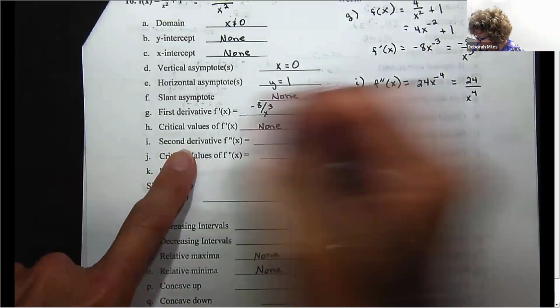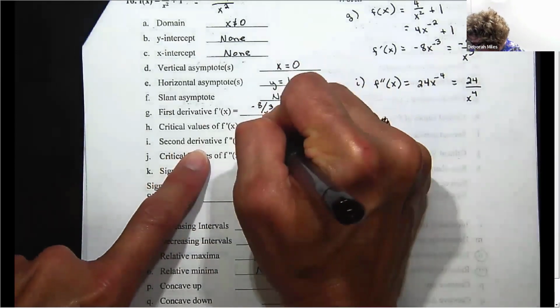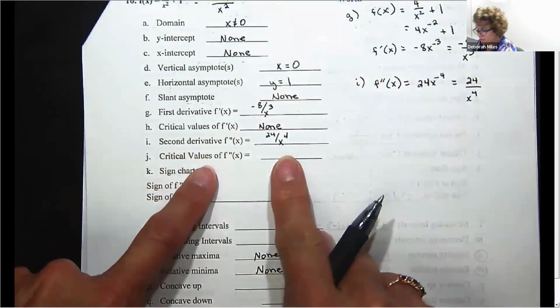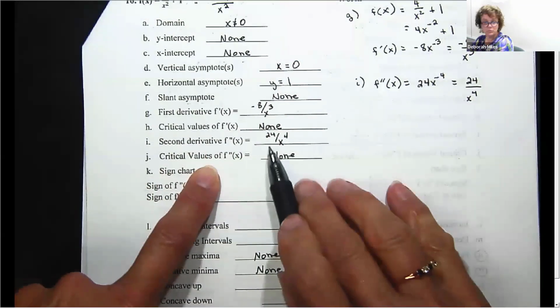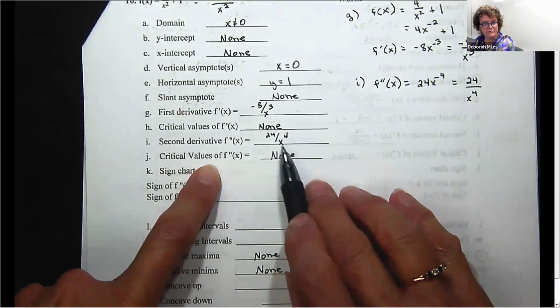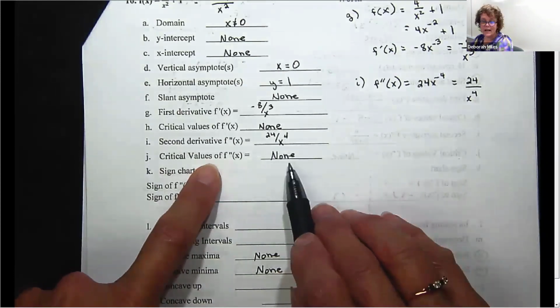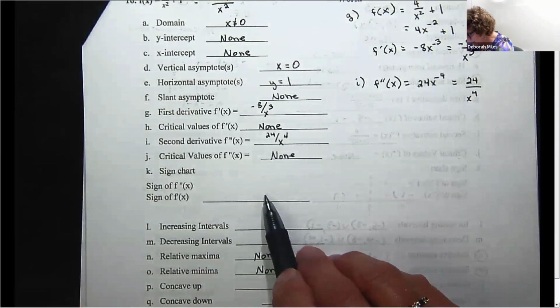And we put that for the I part, 24 over x to the 4th. It has no critical values because nothing makes it 0, and the only thing that makes the fraction undefined is 0, where we already know there's a vertical asymptote. So we're ready for our sign chart.